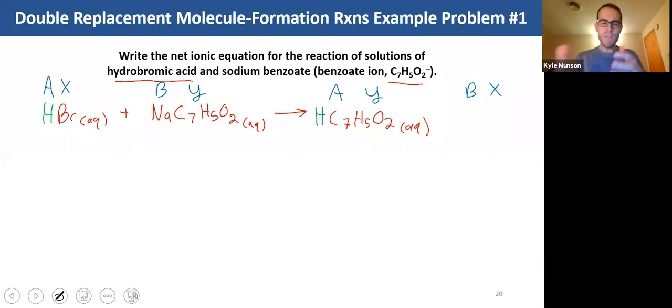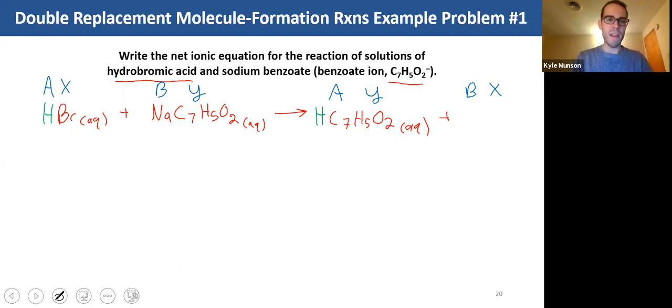So when you're doing these reactions, whoever gets that proton on the product side, whoever gets that hydrogen in these acid reactions, becomes the acid, in terms of this benzoate. It might not be technically right, but it's probably the best way for you to think about it and to understand what I'm about to say next.